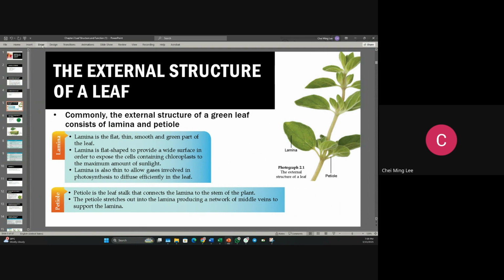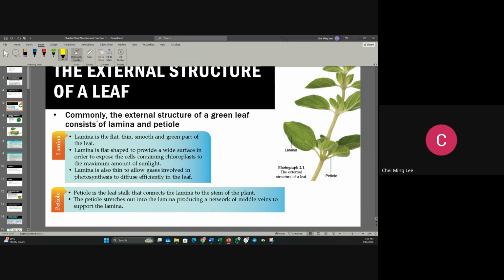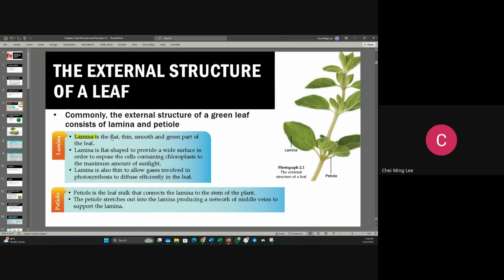So you see why we do so. Lamina itself is flat, thin, smooth, and green. So why is it flat? Because the flat shape provides a wide surface to expose to the maximum amount of sunlight.